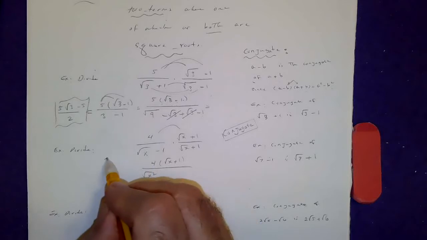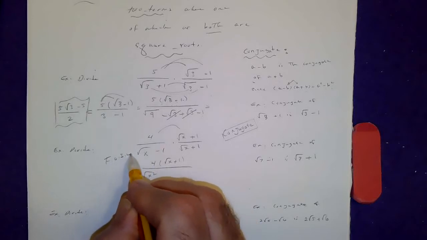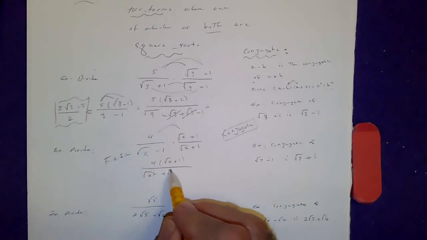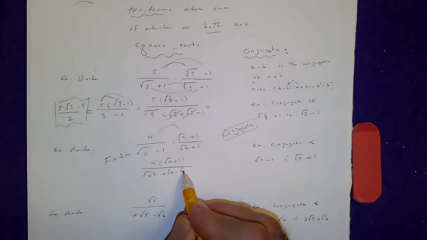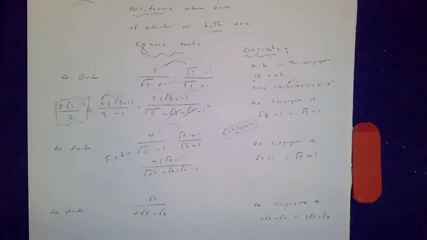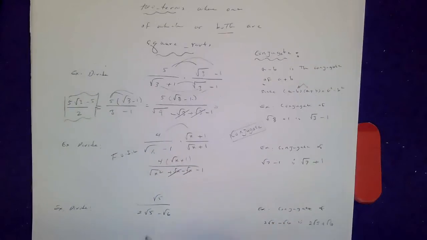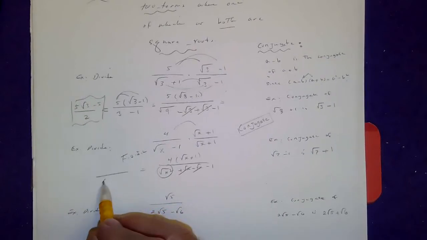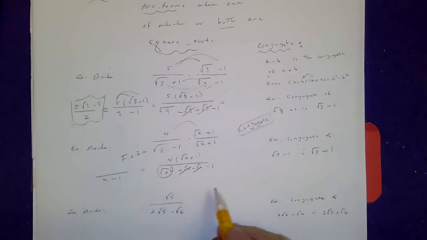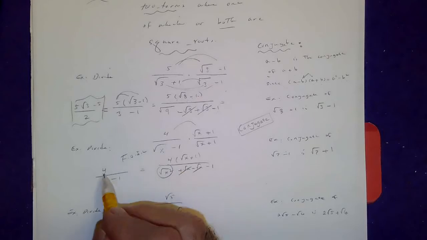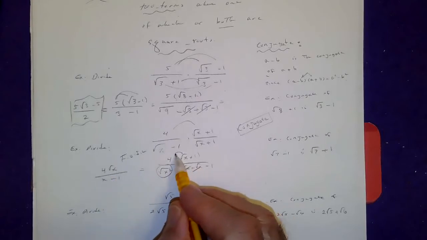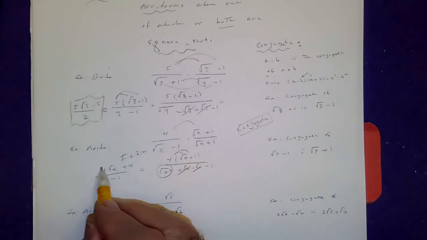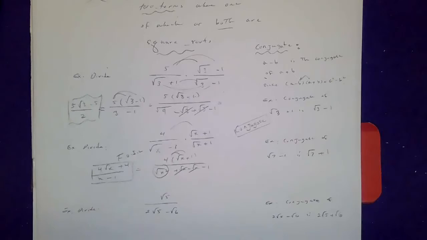The square root of x squared if you FOIL it, plus the square root of x minus the square root of x, minus 1. Once again, the middle terms should cancel. The square root of x squared is x. So all you get is x minus 1 in the denominator, and on top you get 4 square root of x plus 4. And that should do it for that problem.